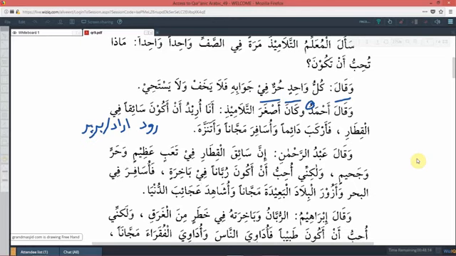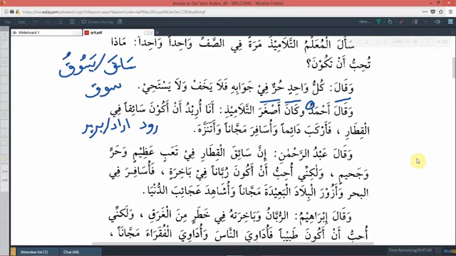Meaning to want. أن أكون, to be. سائقا, you look it up, sin, waw, qaf, right? But the verb would be saqa yasuqu. Saqa yasuqu, meaning to drive.